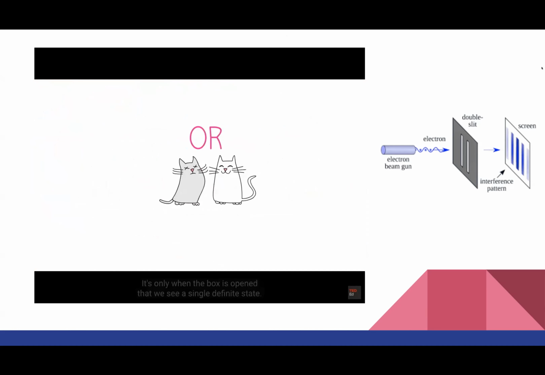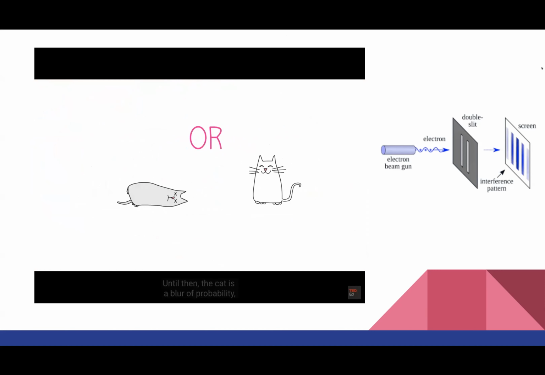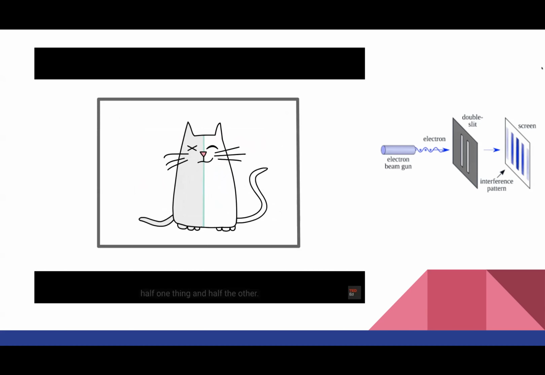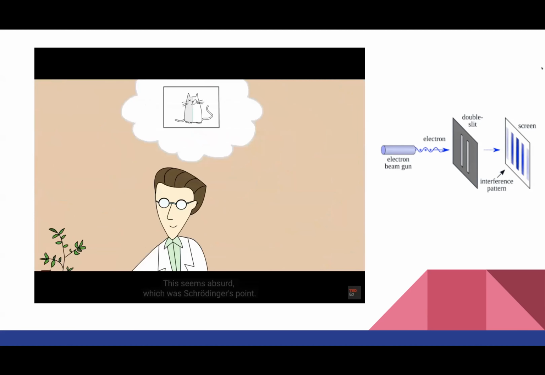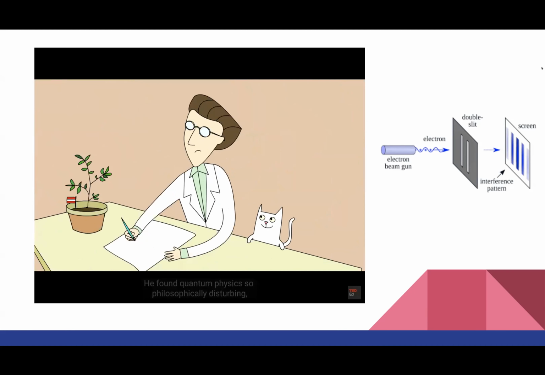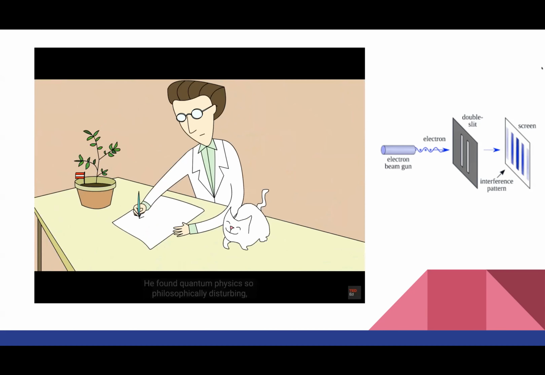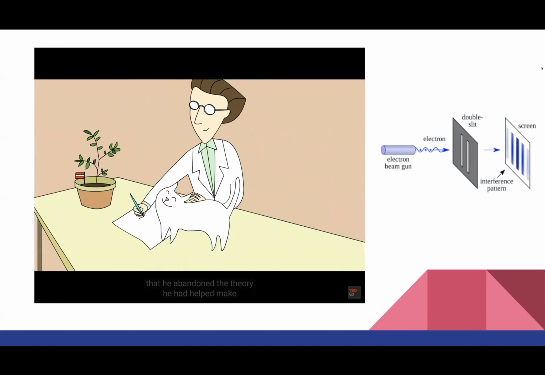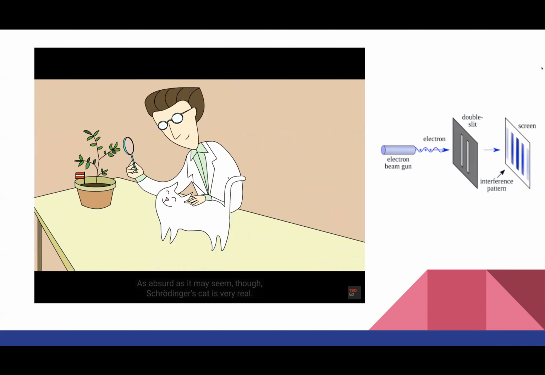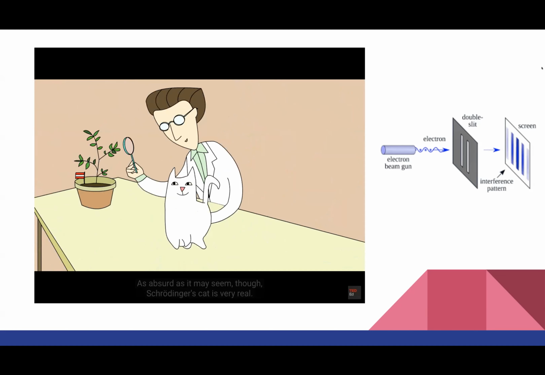It's only when the box is opened that we see a single definite state. Until then, the cat is a blur of probability, half one thing and half the other. This seems absurd, which was Schrodinger's point. He found quantum physics so philosophically disturbing that he abandoned the theory he had helped make and turned to writing about biology. As absurd as it may seem, though, Schrodinger's cat is very real.